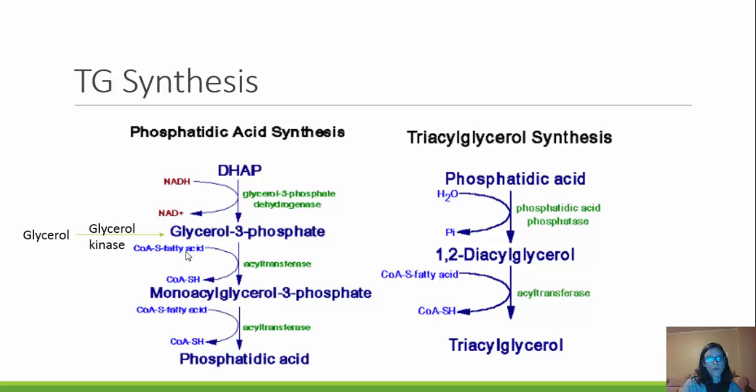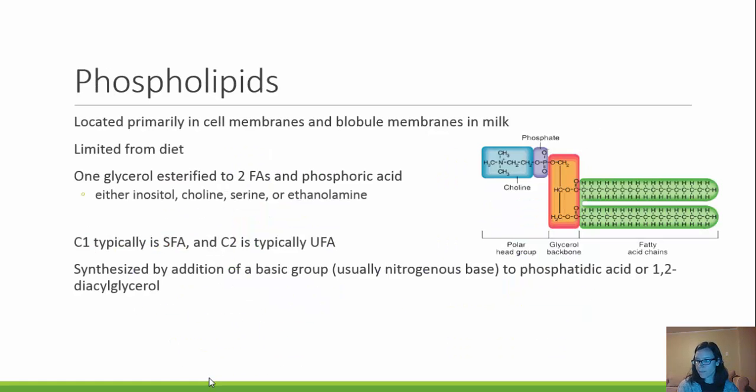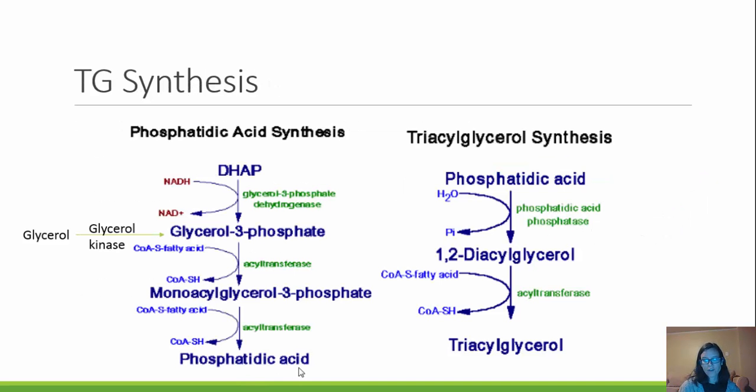Okay, so in both of these pathways, after we get to G3P, fatty acids for triglycerides are activated to acyl-CoAs with acyl-CoA synthetases. This isn't shown here, but basically this is what's happening here, where we have our CoAs that are activated. So two acyl-CoAs are esterified to G3P to yield phosphatidic acid, and another name for phosphatidic acid is 1,2-diacylglycerol phosphate.